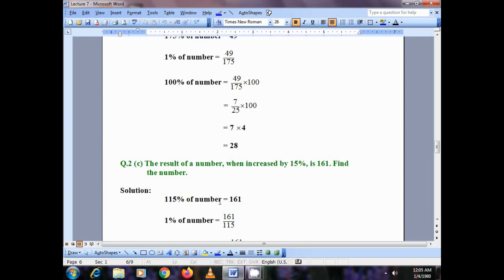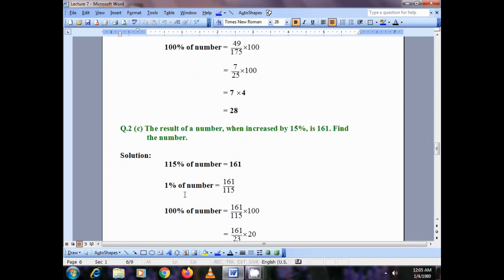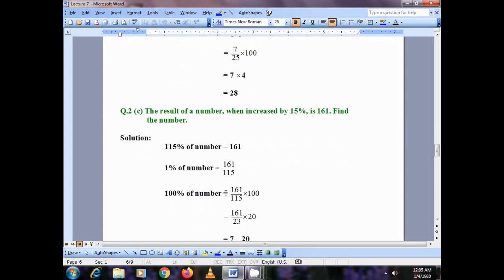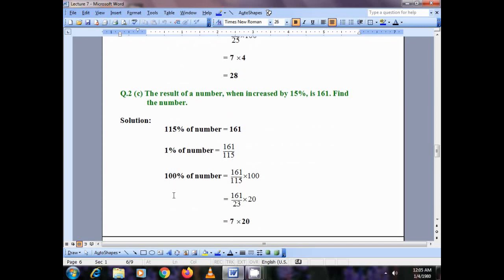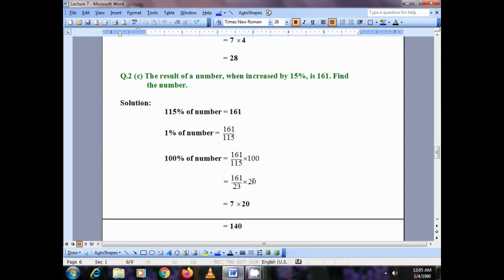Now 115% of the number is given as 161. Let's find 1% of the required number, which will be 161 divided by 115. Now in the third step, we will find 100% of the number, which will be 161 divided by 115 multiplied by 100. Again, we know that 100 and 115 are both multiples of 5.